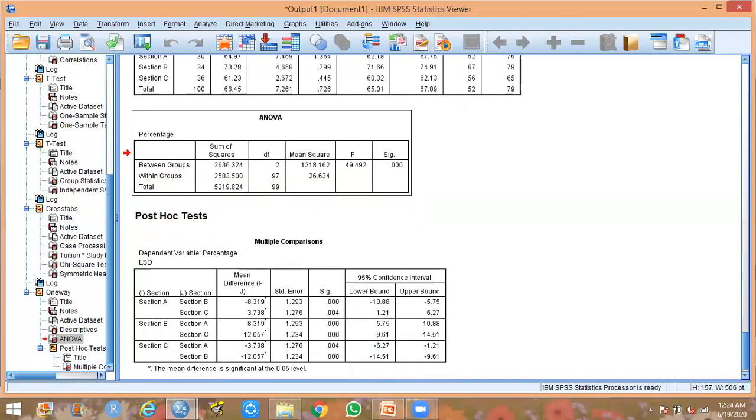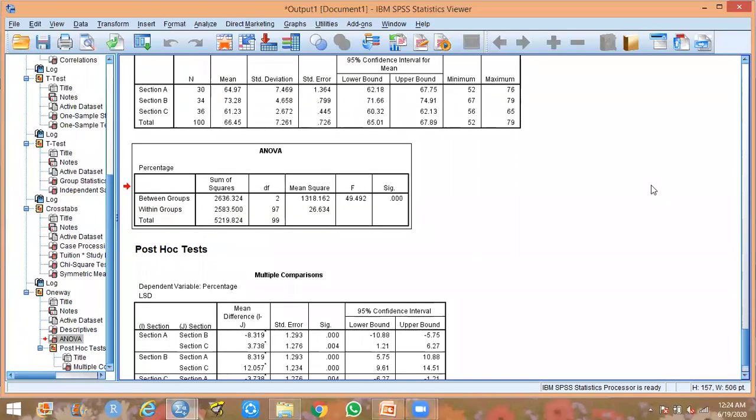Now from the analysis of variance one-way tool, you got an idea that there is a significant difference between the academic performance among these 3 groups.